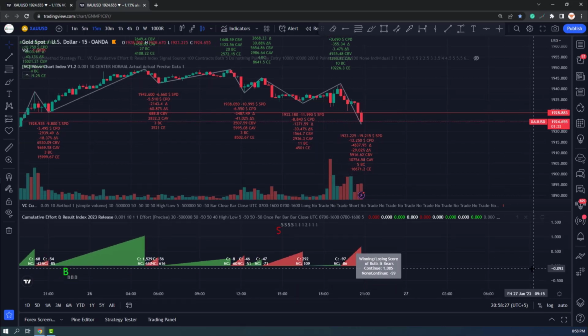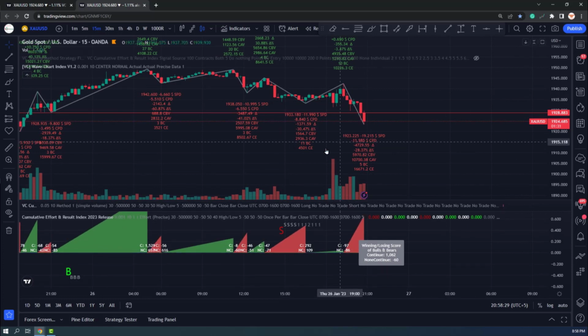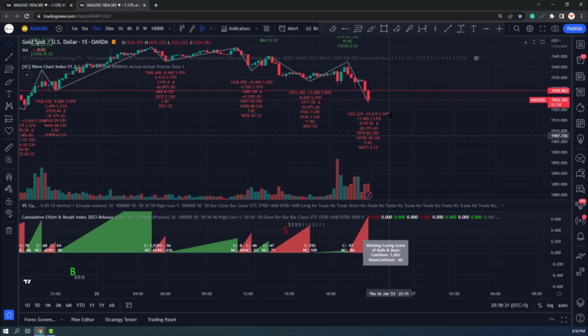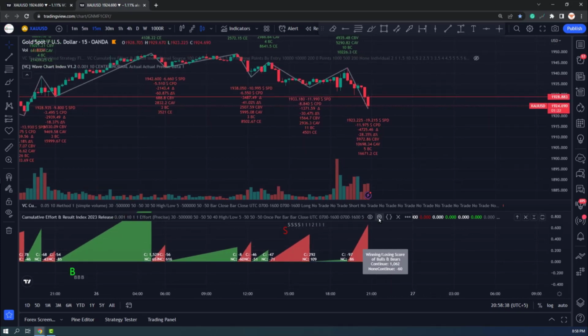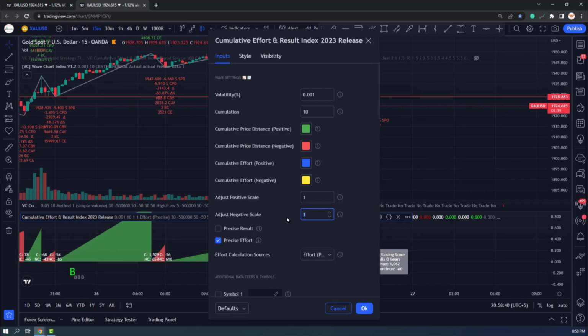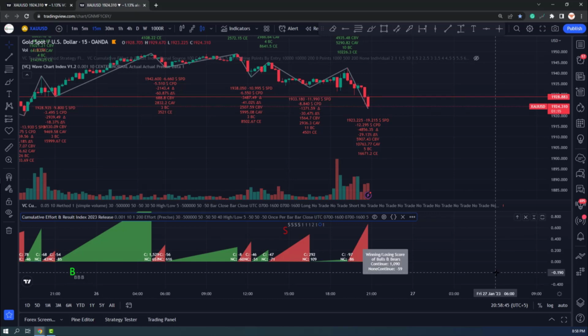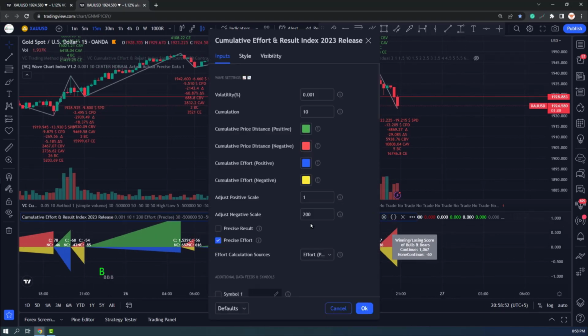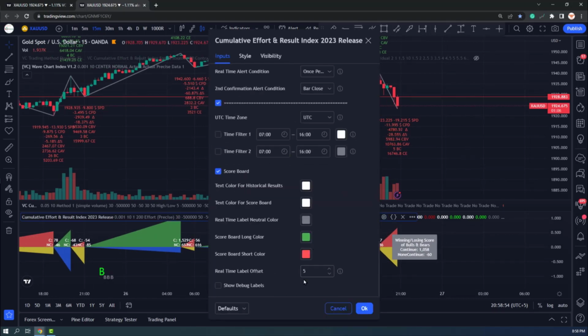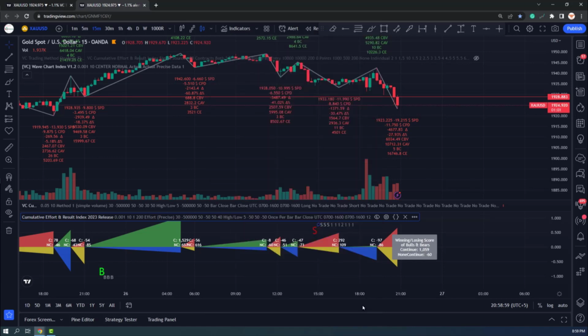Today, here you see all the data is in digital form. But the same data we can analyze in graphical form as well, in the form of the cumulative effort and result index. Let me just adjust it a bit.